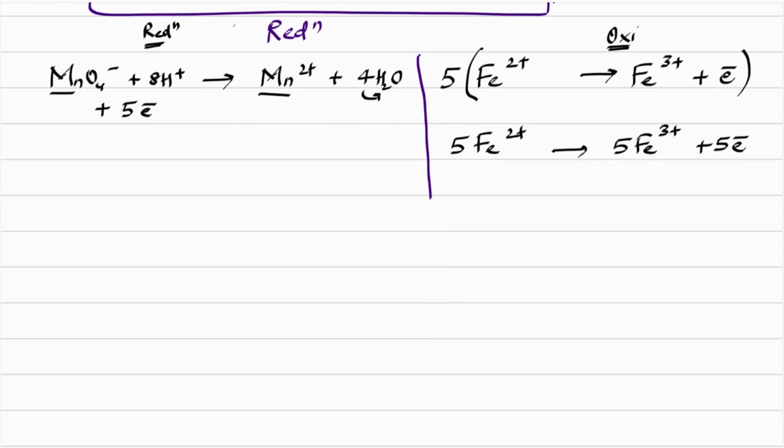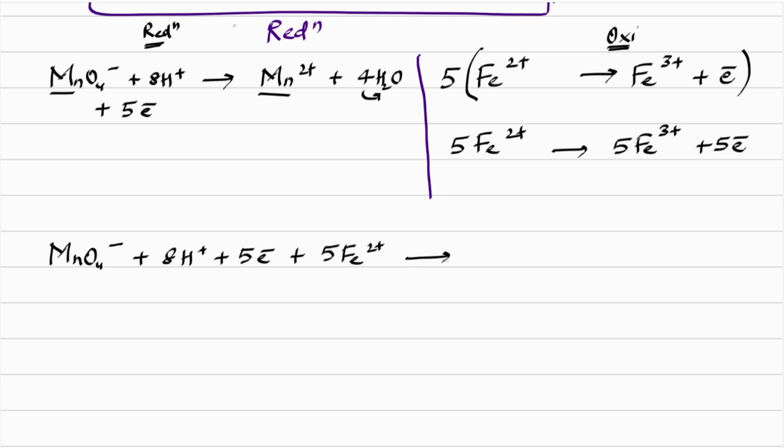For doing so, let's write the reactant side of reduction half reaction: permanganate ion plus 8 H plus ion plus 5 electrons, and then we'll write the reactant side of the oxidation half reaction. So that would be plus 5 Fe2 plus ions.